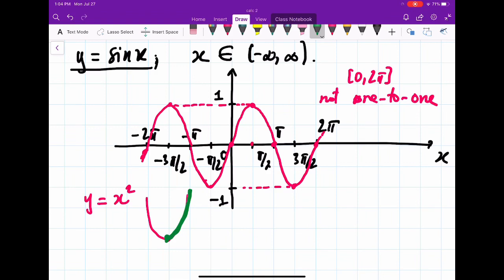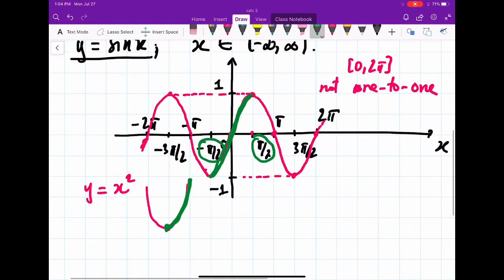Okay, so look at this picture. I may choose some intervals so that the function will be 1 to 1 on such intervals. For example, I may choose this one, and that is from negative pi over 2 to pi over 2. Okay, let me write here.